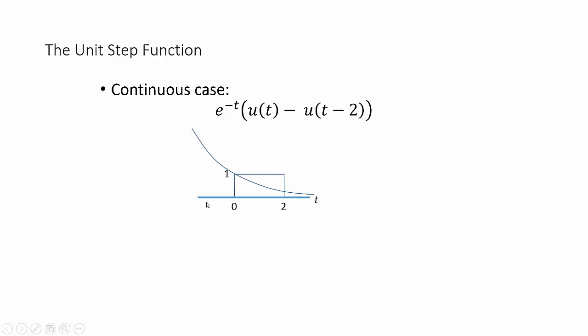We take the product of them: 0 times our function, 1 times our function between 0 and 2, and 0 times our function for t greater than 2. 0 times anything is 0, 1 times anything is anything, 0 times anything is 0. So we wind up with 0, our function, and 0. This is the way we limit in time when our function is on.